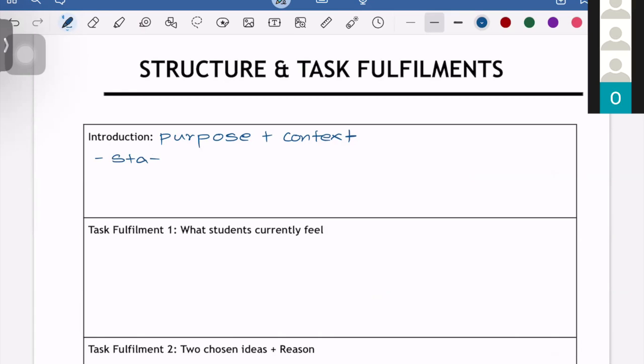Also state who you are. And give a brief description about what you're going to be talking about in your proposal.